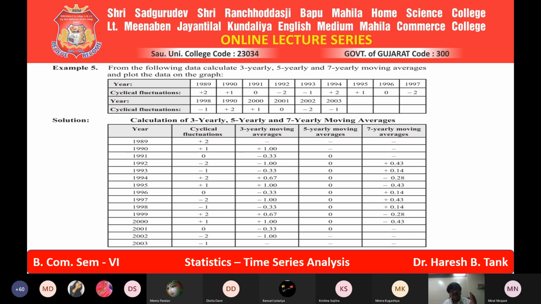So if the data set given to you covers a larger number of years, only then is it better to find the 7-yearly moving average. Same is the case with 5, same is the case with 3. When the data set given to you is small, in the sense that the number of years is not large, it is advisable to use a 3-yearly moving average instead of 5 or 7.